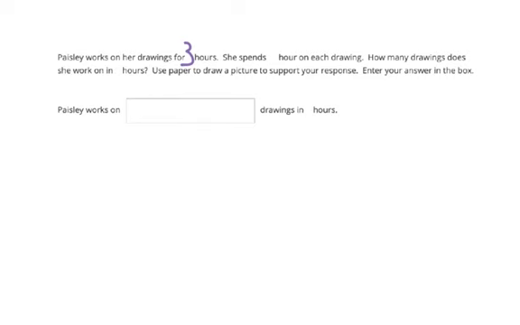She draws for 3 hours. She spends 1/4 of an hour on each drawing. How many drawings does she work on in 3 hours? Use paper to draw a picture to support your response.